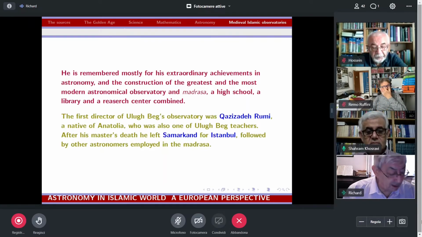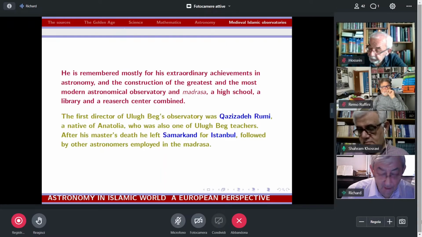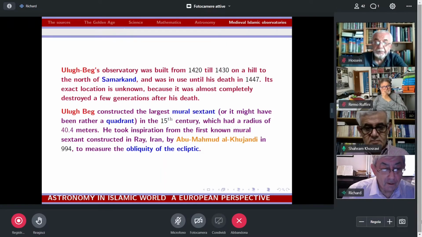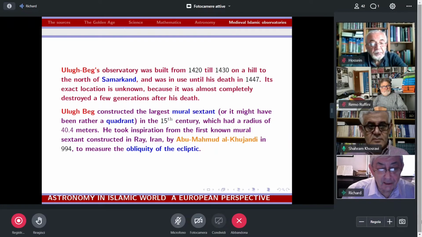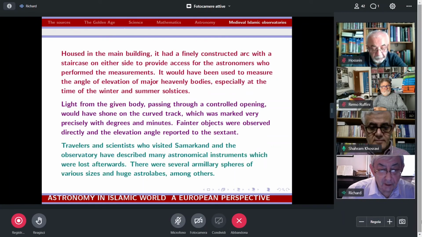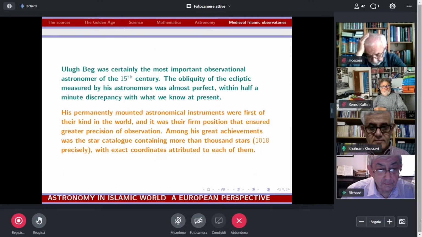He was the greatest astronomer of his century, not only in the Islamic world, but in the world. The greatest mural sextant was made by Ulugh Beg. He measured the obliquity of the ecliptic, and well, I just skipped this.